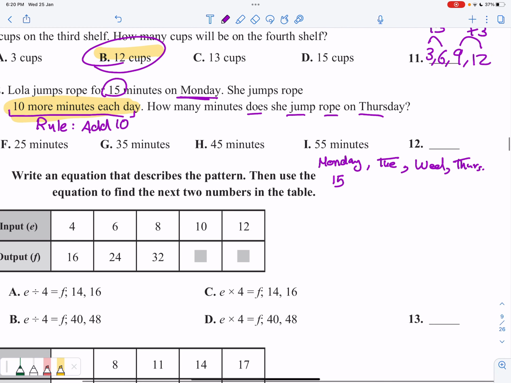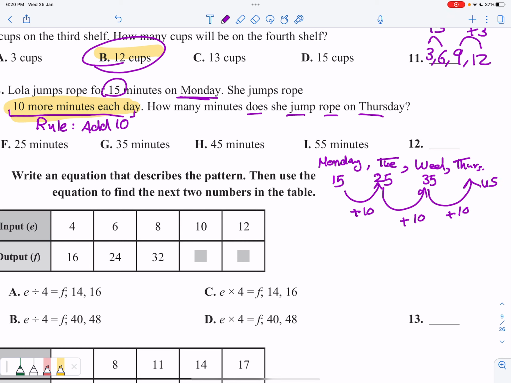Then each time she jumped 10 more. So for Tuesday, she jumped 15 plus 10, that equals 25. Then she jumps another 10 on Wednesday, so she will get 35. Then for Thursday, another 10, so she will get 45. So the correct answer here is answer H, which is 45 minutes.